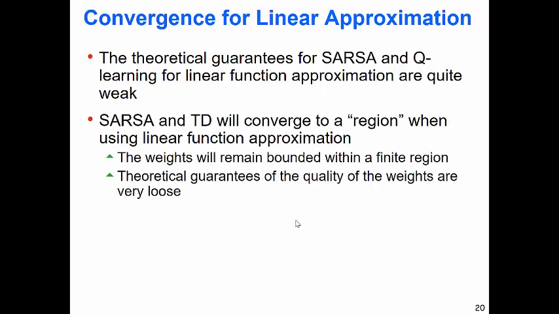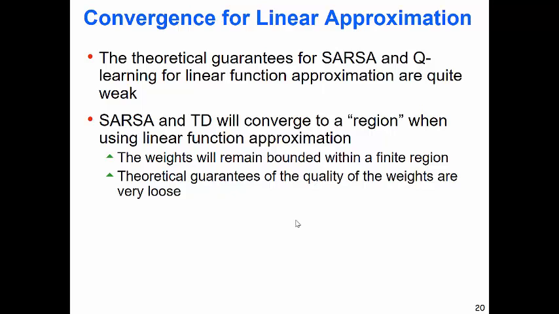But let's see what they say about convergence. I've never studied these things in detail, but your book talks about a couple of situations. SARSA, since it's on policy, I'm going to show you an example in a moment that shows Q learning breaking very badly.